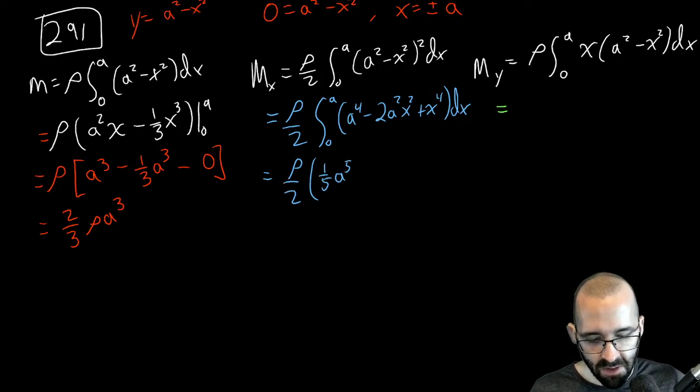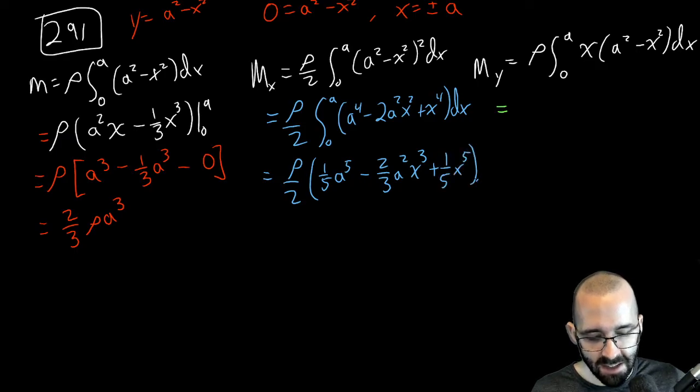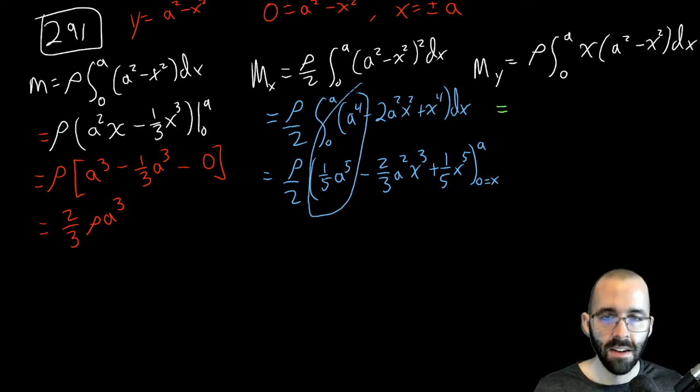1/5 a to the 5th minus 2/3 a squared x cubed. A is a constant. Plus, oh, what did I do wrong? I made a mistake. Do you see it? We're not taking the antiderivative with respect to a.